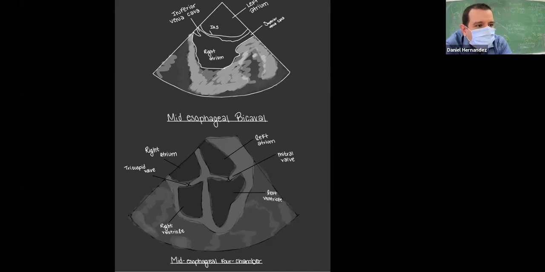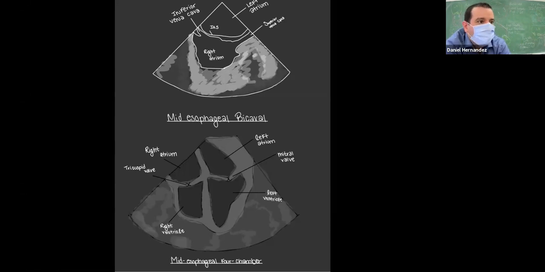So this is a good view if we're concerned the patient potentially has thrombus, right ventricular thrombus, if we want to see a source, or if we see thrombus within the right atrium, like if a patient has renal cell carcinoma and we have thrombus invading the IVC, we could potentially see this in this view.